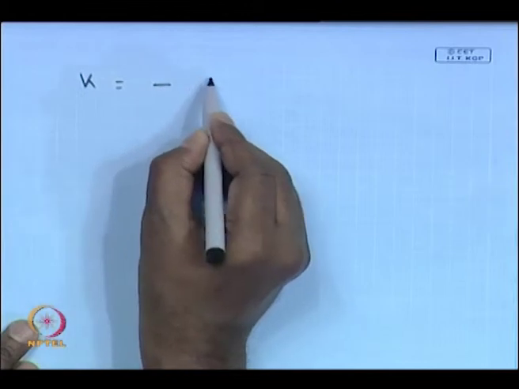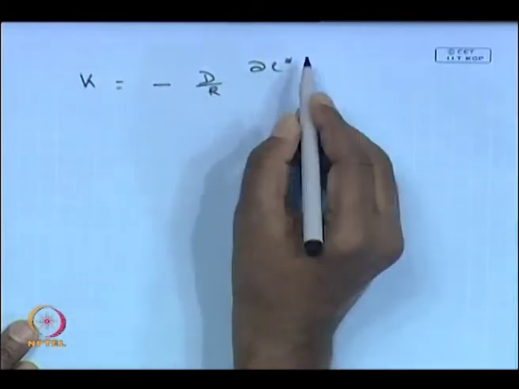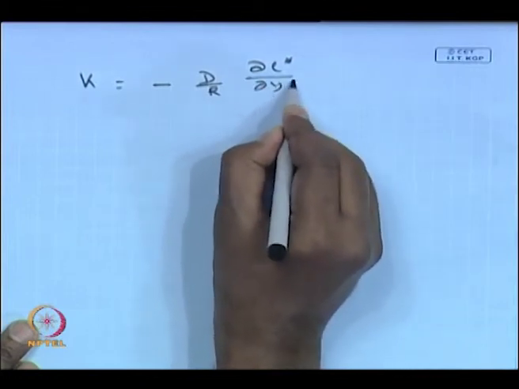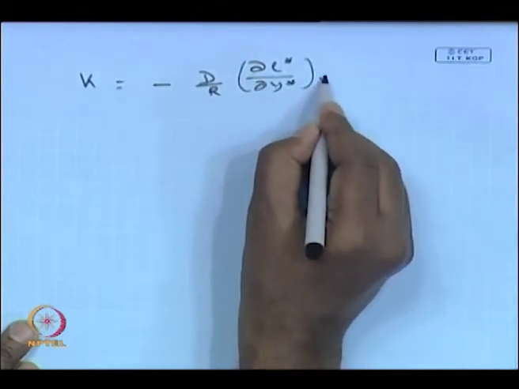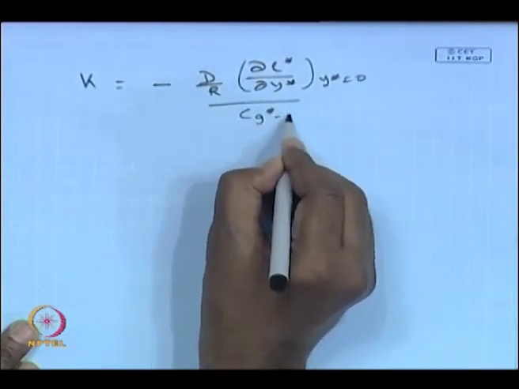If you do that, k is equal to minus D del C star by r del y star at y star equal to 0, and this will be divided by Cg star minus 1.